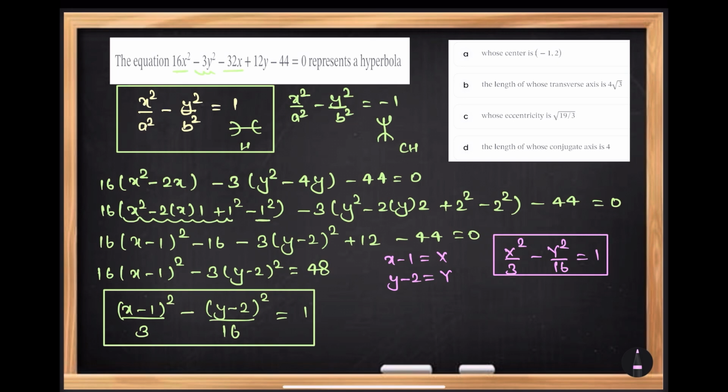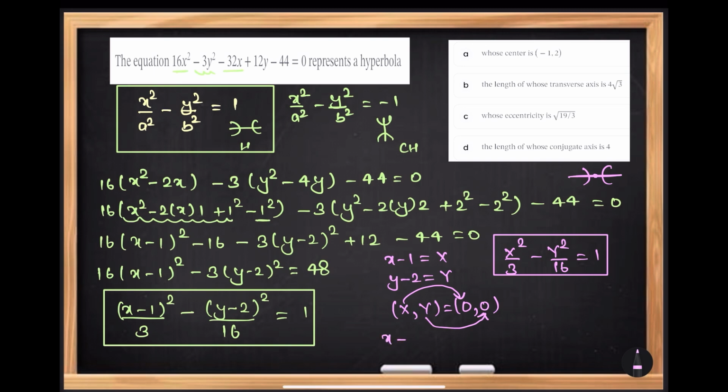Now look at this. These options are talking about the center. You know that the hyperbola and ellipse are symmetric. So if it is symmetric, its center will be at the origin, 0 comma 0. So X comma Y should be 0 comma 0. This X should be 0 and this Y should be 0.